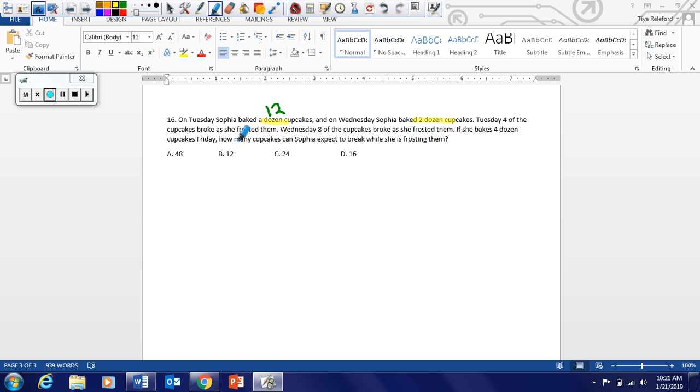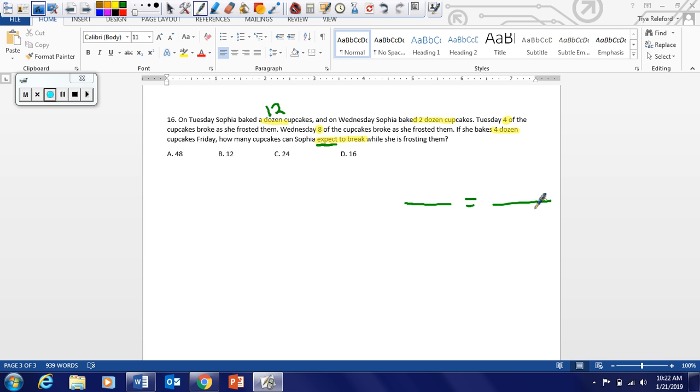On Tuesday, 4 of the cupcakes broke as she frosted them. Wednesday, 8 of the cupcakes broke as she frosted them. If she bakes 4 dozen cupcakes on Friday, how many cupcakes can Sophia expect to break while she is frosting them?